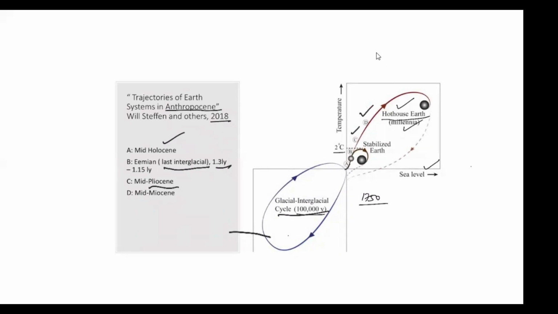What is the importance of knowing that we may reach mid-Pliocene and mid-Miocene? Because if we know the temperature that we are going to reach and if that matches mid-Pliocene and mid-Miocene, that will help us to explain or find out sea levels also.